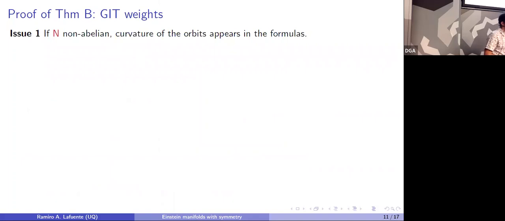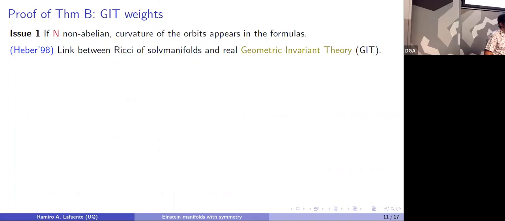Well, first of all, for issue 1, GIT comes into play. There's a link between the Ricci curvature of solvmanifolds and real geometric invariant theory. I don't want to say too many things about this, just to mention these words.